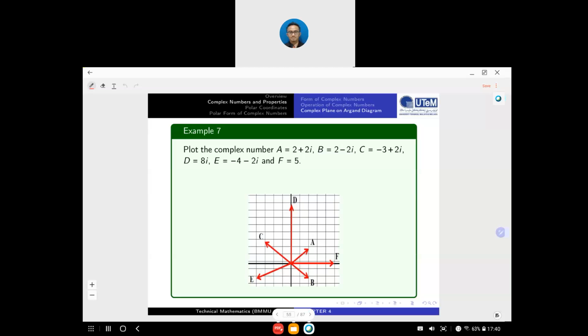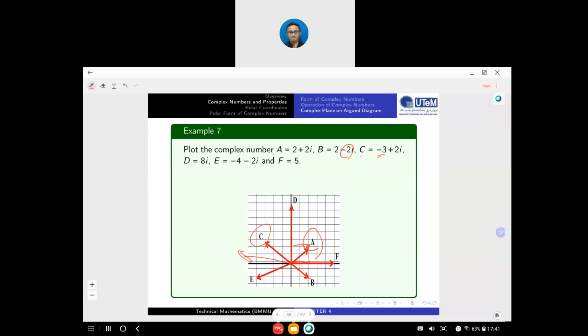Okay, so we know that I square also equals negative 1. Because this one comes from the square root of negative 1 equals I. So I square equals negative 1. So you need to memorize this one.